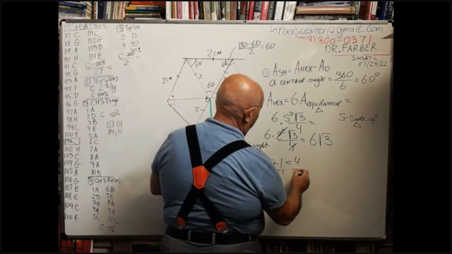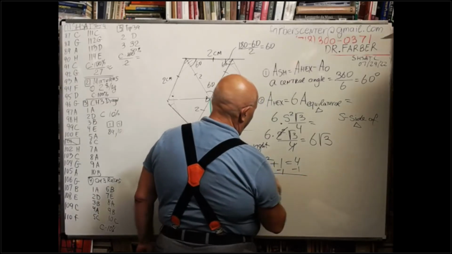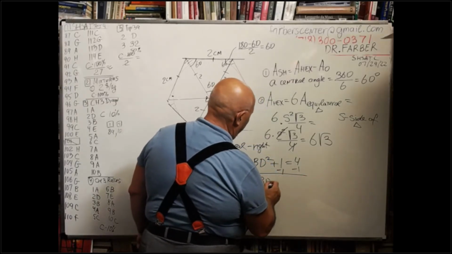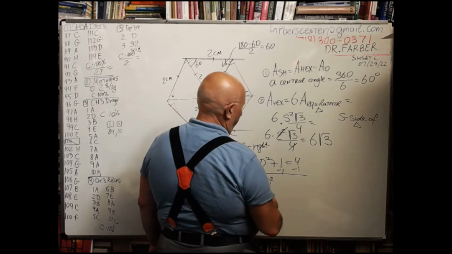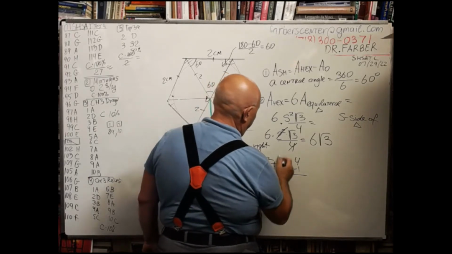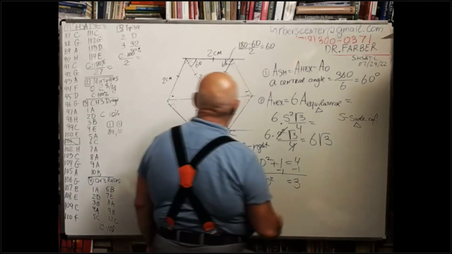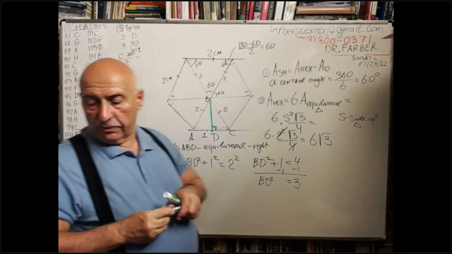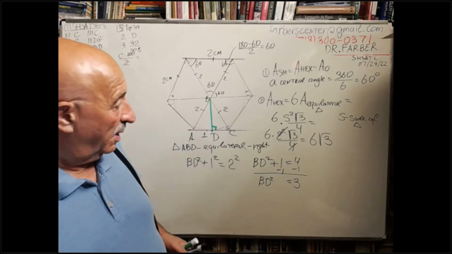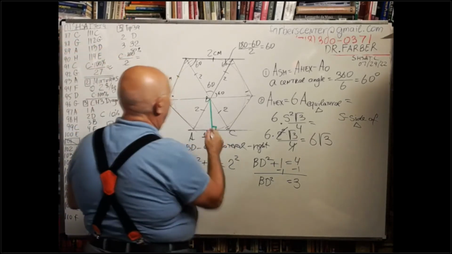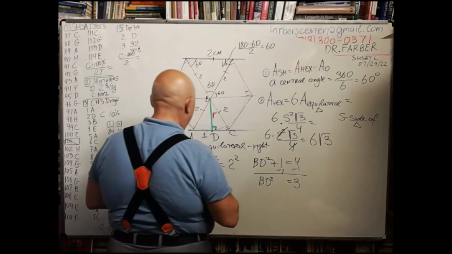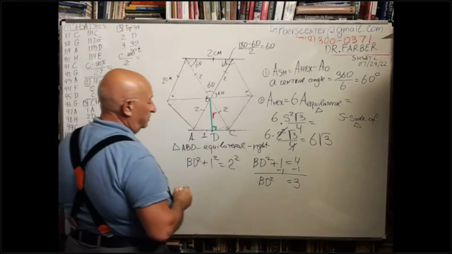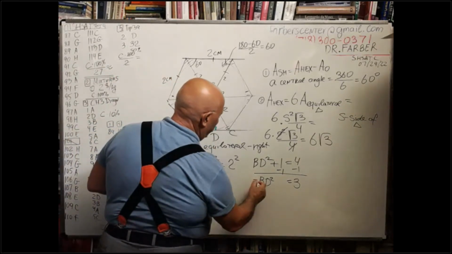Minus 1, minus 1. You get BD to the second equals 3. From another side, I take a different color and specify that BD is our radius. And this is radius equals radius to the second power.